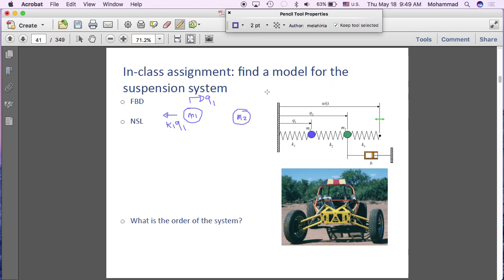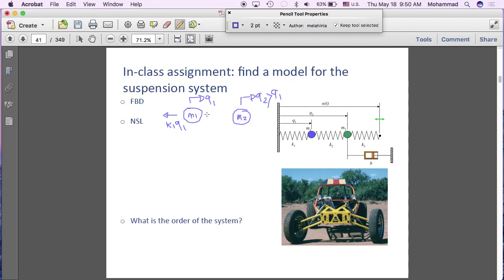So if we assume that, so this is Q2, and let's assume that at this instant in time, Q2 is larger than Q1. If we make that assumption, we are basically saying that the spring would be stretched.